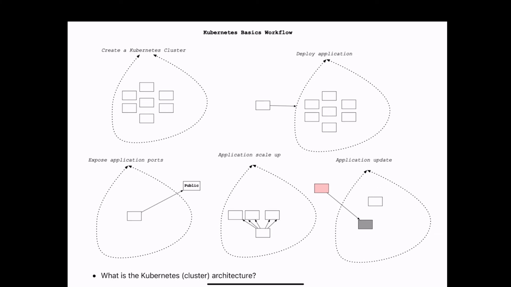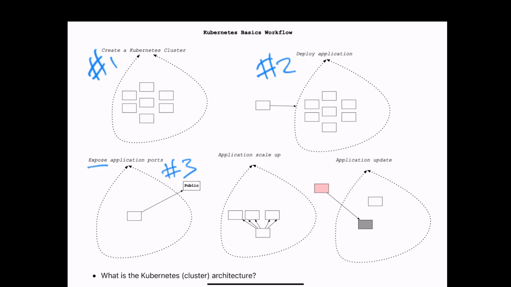So the first thing you would do, this is really step number one, is you would create a Kubernetes cluster. The next step would be you could deploy your application, right? So you go through here, push an application into the cluster, and then number three, you would want to expose the port. So this means that your internal port would be exposed to, let's say, a web browser or a mobile client.